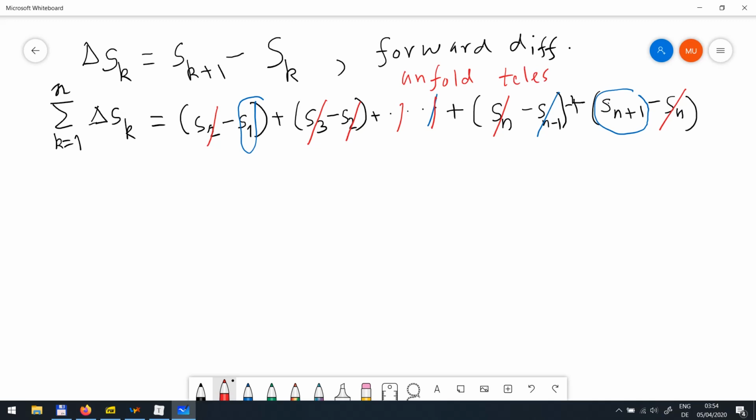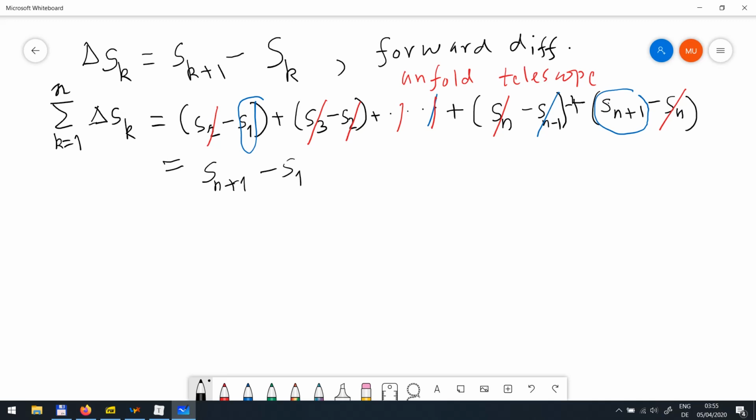If you have seen how a telescope is unfolded, you will understand the name of this method. So it turns out that the sum of these forward differences from 1 up to n is Sn plus 1 minus S1.